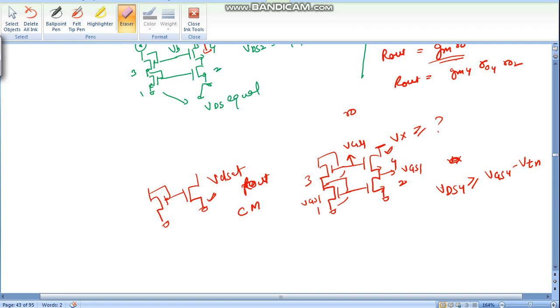So in the previous video we were finding out what minimum Vx is required so that this will work as a current sink or current source. Here we can say that VDS4 is greater than or equal to VGS4 minus VTN.